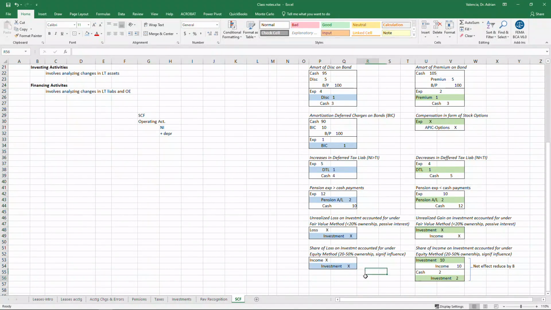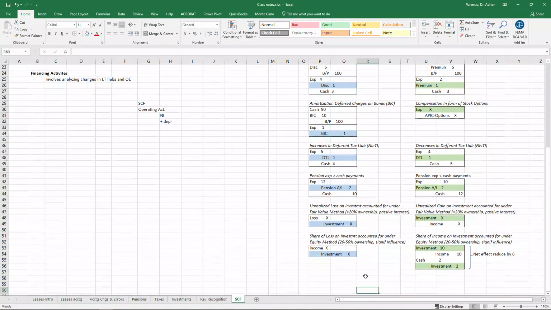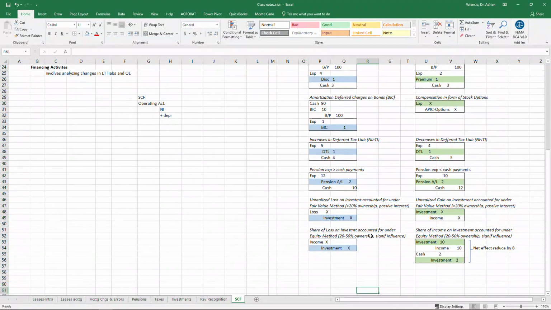All right, and then finally, if you are accounting for an equity investment under the equity method, and you have losses, so when the company you're invested in has losses, you have to take a share of those losses into your books. That's the equity method.